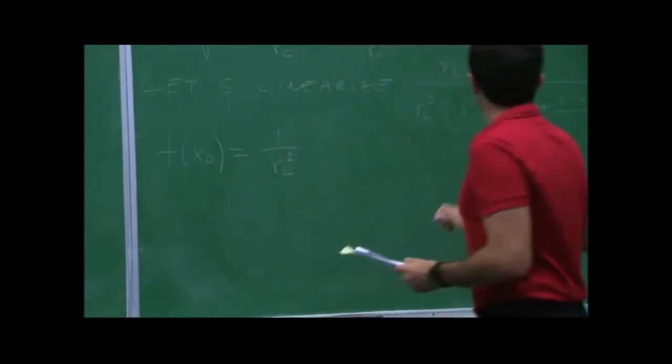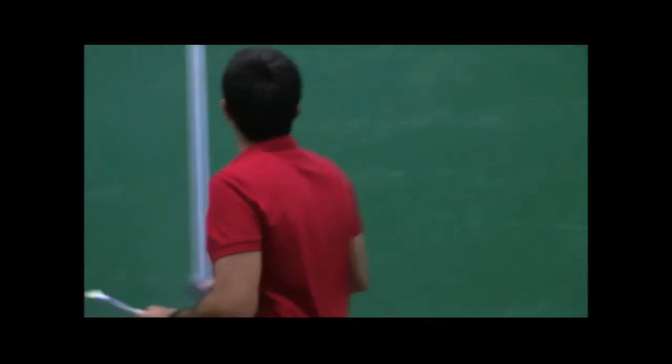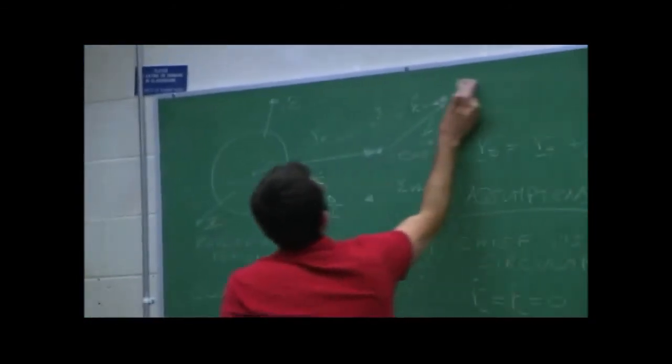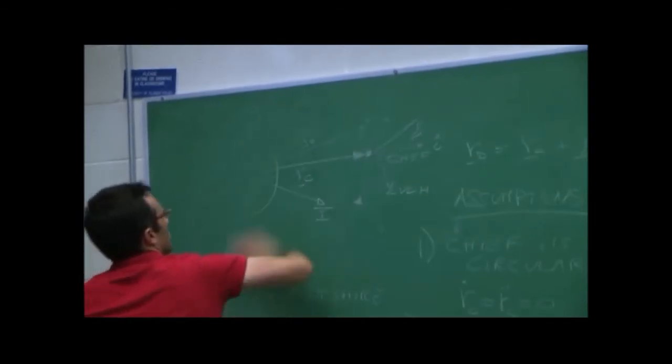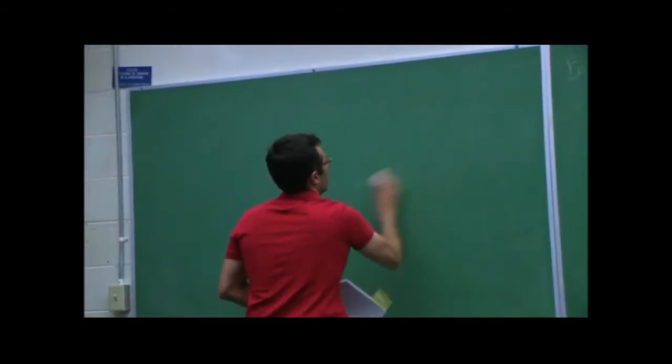That's it. So all this stuff goes away. You're just left with a 1 here, so it's 1 over rc squared. Okay. We'll keep that in mind. I don't need this anymore. Then I need to take partials, right? Okay.